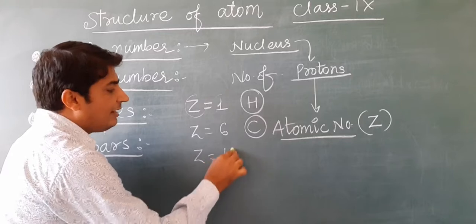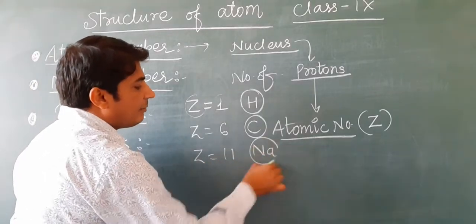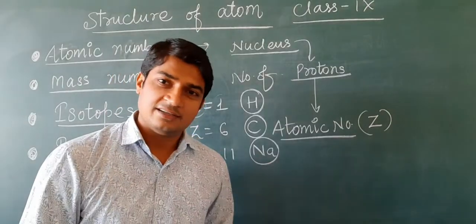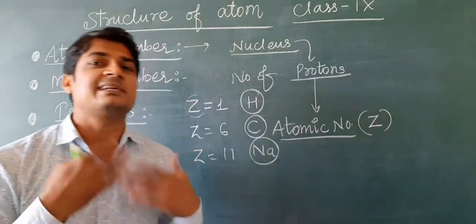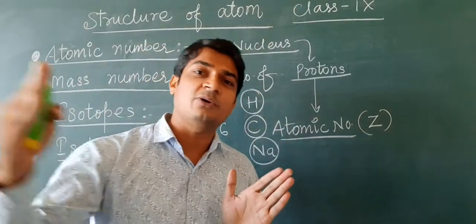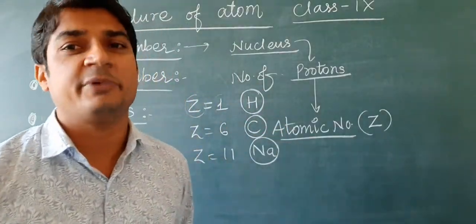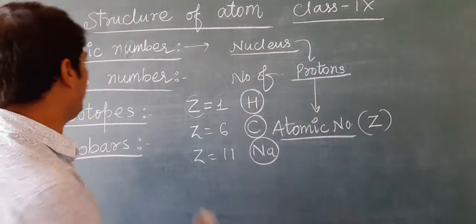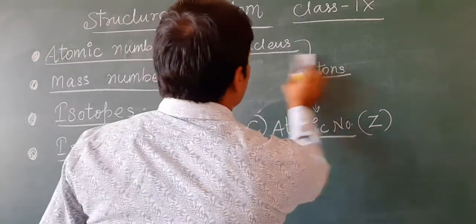Z is equal to 11, it is the atomic number of sodium. Okay, so it is a unique number. And further if you study chemistry, then atoms are arranged in the increasing order of atomic number in the modern periodic table.